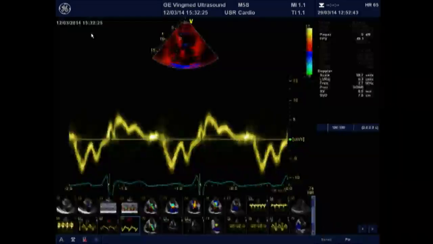This is just an example in the septum of this patient that the systolic velocity is low, and of course diastolic velocities are also low in this patient.